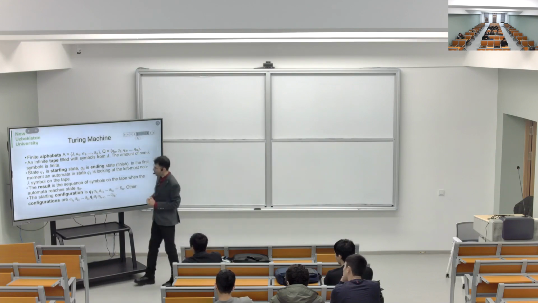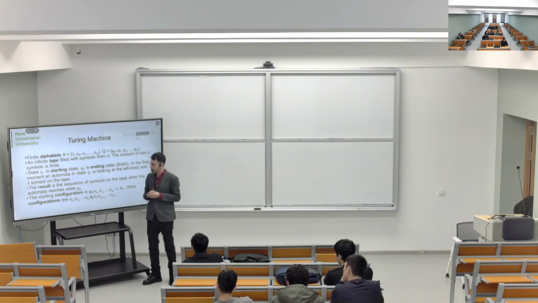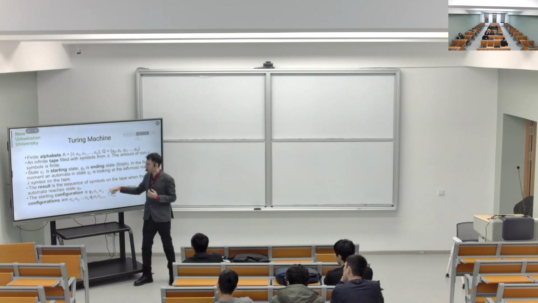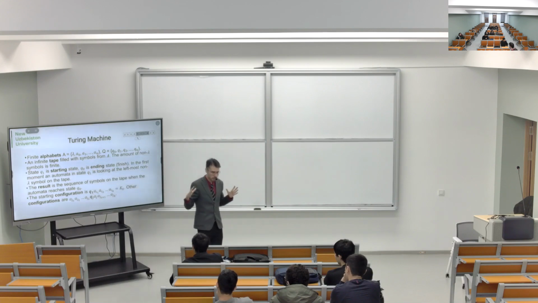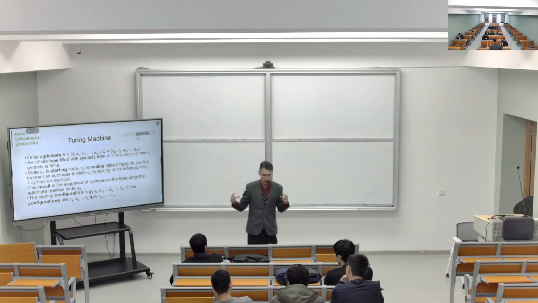The result of the machine, the output of the machine, is the sequence of the symbols that are not lambda, so all meaningful symbols on the tape after the machine stopped.